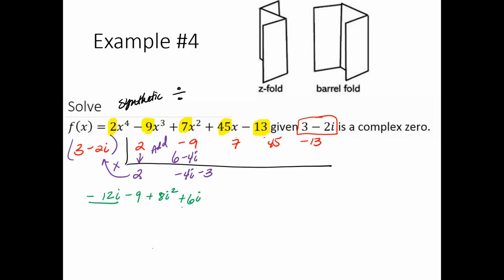So then combine your like terms. Negative 12, 6 gives you a negative 6i. And then remember your i squared, isn't that just a negative 1? So 8 times negative 1 is a negative 8. Negative 8 minus 9 is a negative 17. So I'm going to go back to over here, put down negative 6i minus 17.